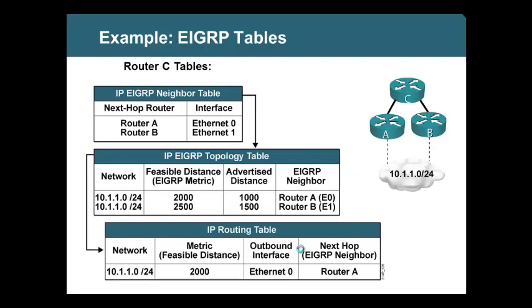Now here is another example to understand the routing table, the topology table, and then the neighbor table. If you have a close look at this picture, you will understand that C has got two neighbors, A and B. A is connected via E0, B is connected via E1.